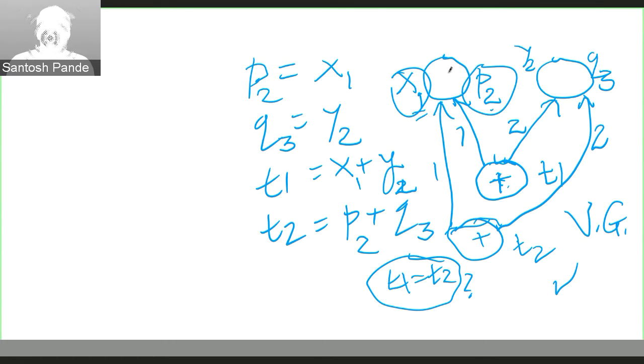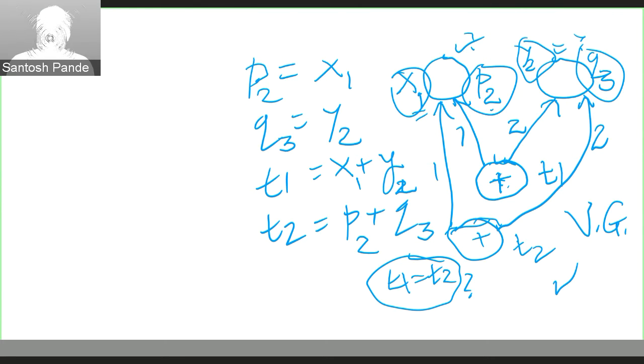Now the question is, are they congruent? Since they are referring to the same node, they are congruent, because they are bearing the exact same value. And in a similar way, if we take the second operand of T1, what is it? It is Y2. And what is the second operand of T2? It is Q3. The question is, are they congruent? The answer is yes, they are congruent because they are referring to the same node.